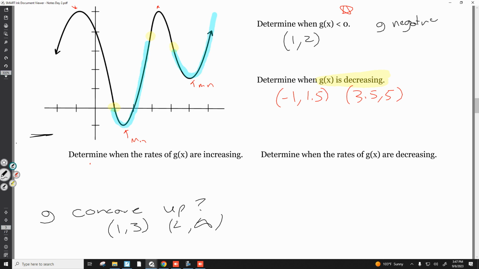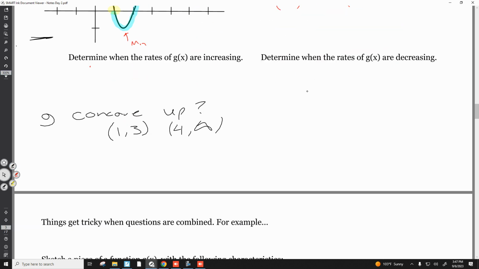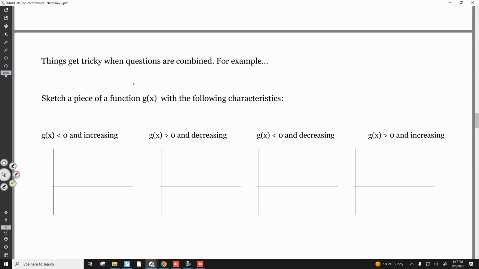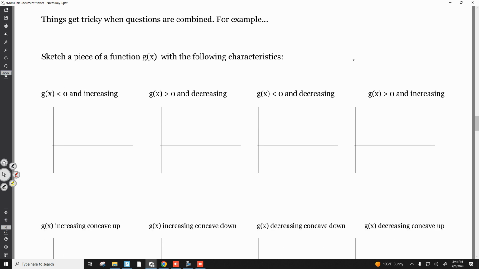Not so bad. We will continue on. Again, we are going to come back. We will not go to the last row of this page. We will come back to the last row of this page. But the questions will start to get harder, regardless of skipping what we've skipped so far. Sometimes they'll ask you for a combination of two things at once.